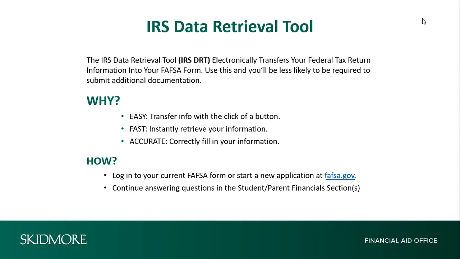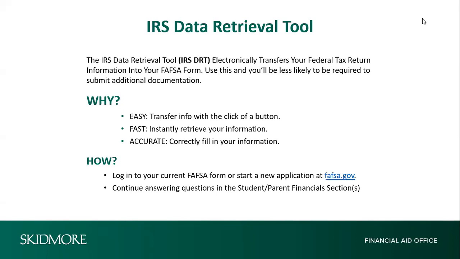It's really great if you can actually use the data retrieval tool. Because about 30% of FAFSAs are required to go through additional verification steps at the college once the student enrolls. And the college will then end up collecting copies of your tax return and maybe W-2s if you haven't successfully used this IRS data retrieval tool.